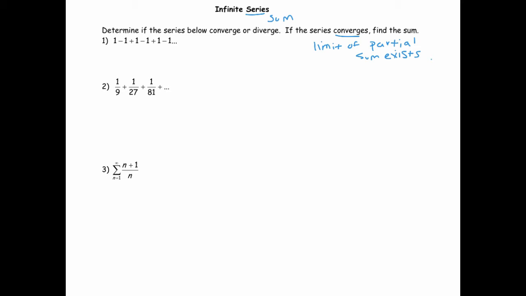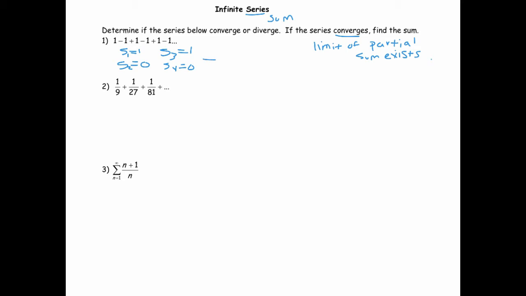The first partial sum would mean just to add up the first number, which is a 1. The second partial sum would mean to add up the first two terms. That's 1 minus 1, which is 0. The third partial sum would be the first three terms, which would be 1 minus 1 plus 1, which is 1 again. And the fourth is 1 minus 1 plus 1 minus 1, which is 0.